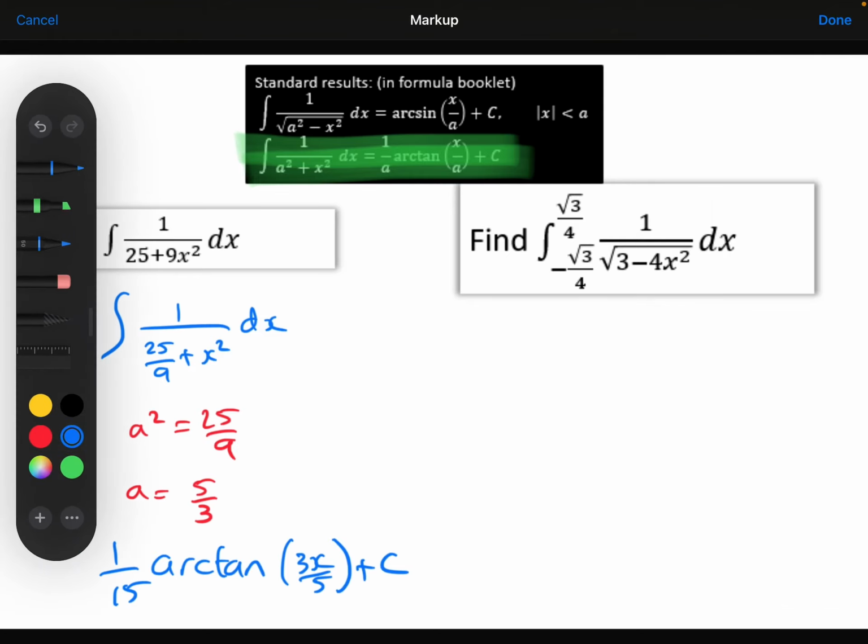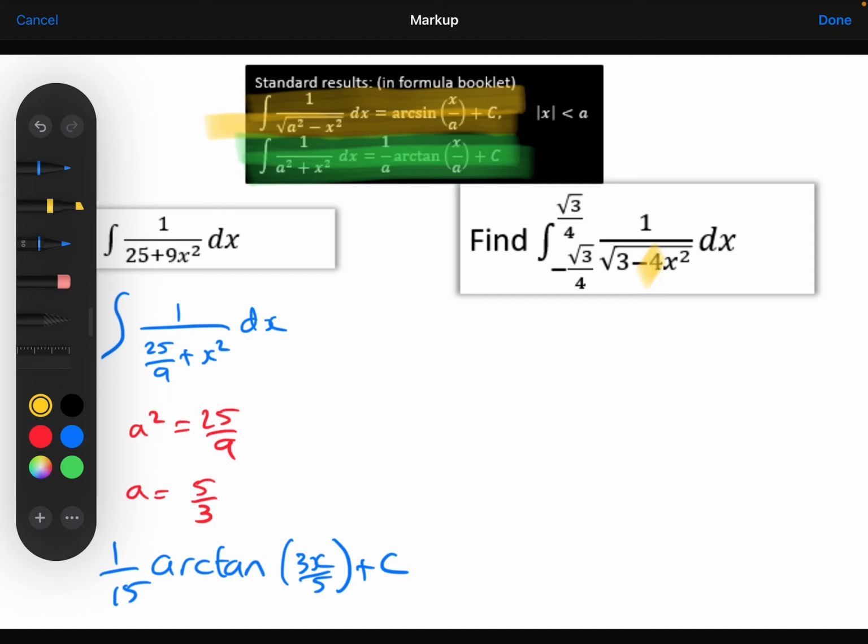Next example, we want the integral from minus root 3 over 4 to plus root 3 over 4 of 1 over the square root of 3 minus 4x squared. Now, we've got the square root here. So that's making me look at the first formula, the arc sine one now.